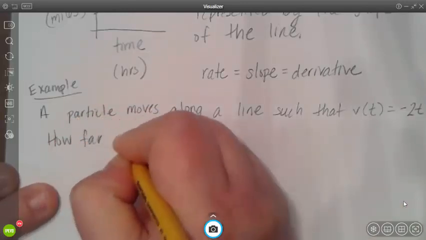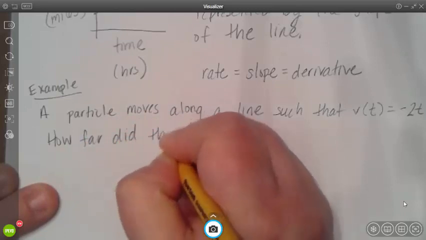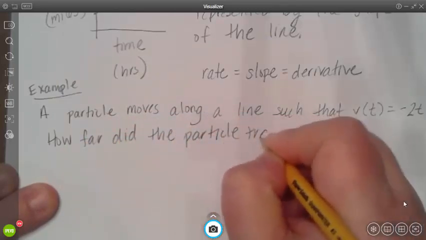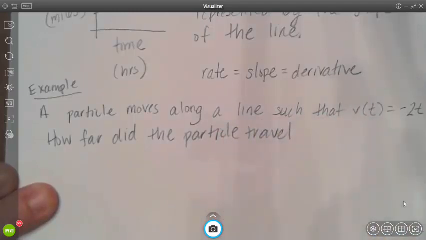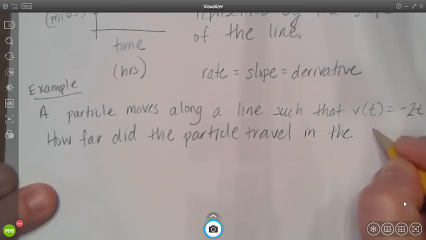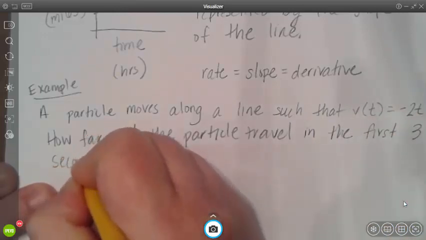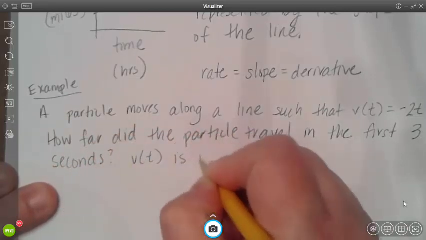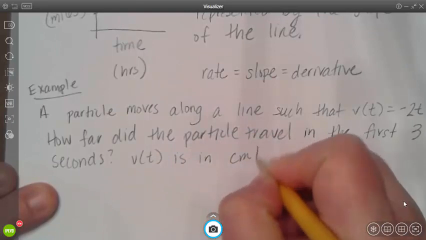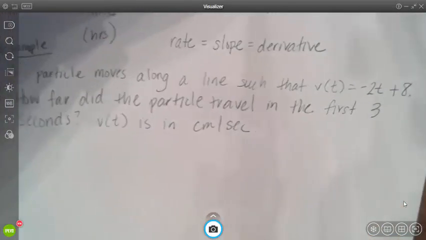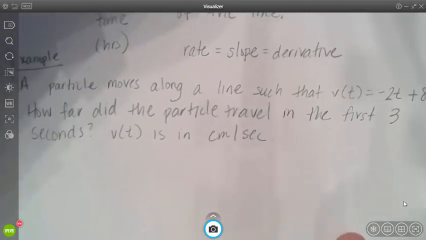How far did the particle travel in the first 3 seconds? V of t is in centimeters per second. Okay? So obviously we need to know those units so that we can appropriately label things.